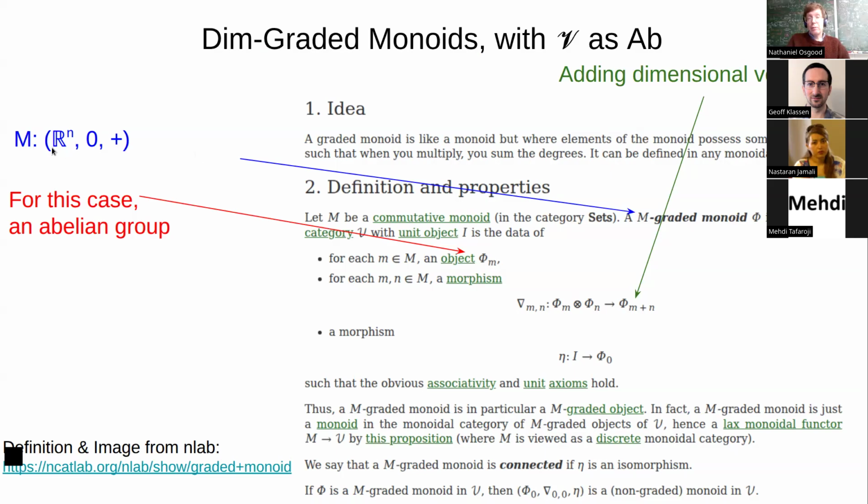So M, capital M, is going to be a monoid, and its elements are going to be n-vectors of powers of length and time, and whatever else, people, birds, and so on.